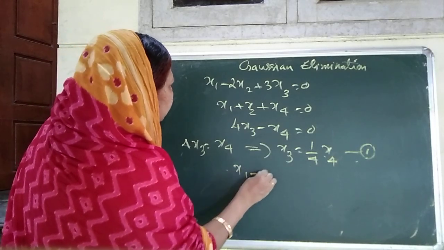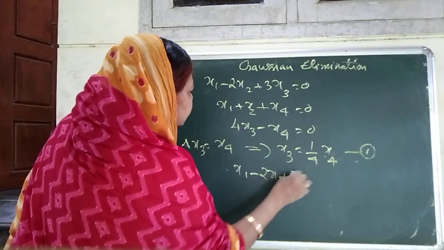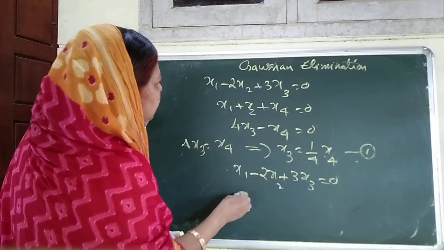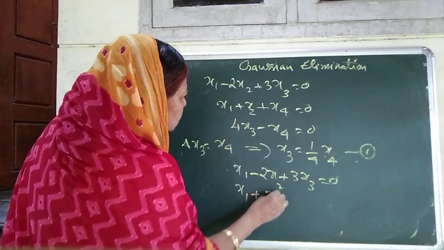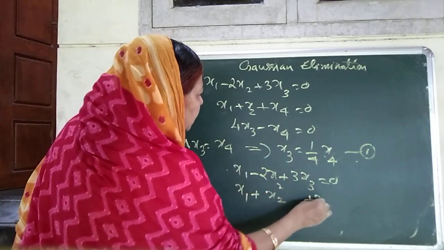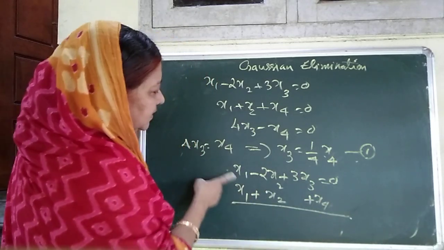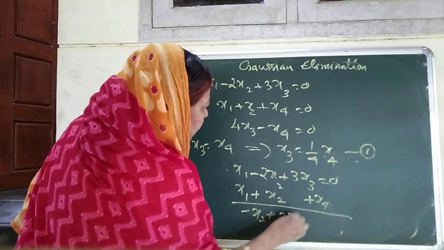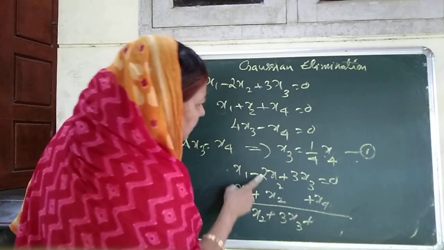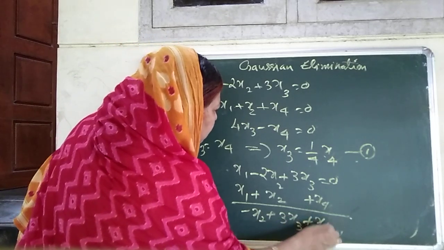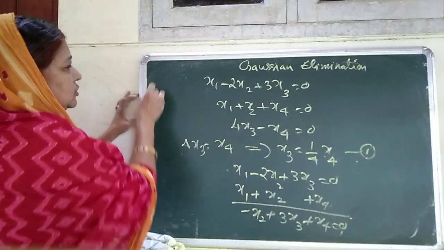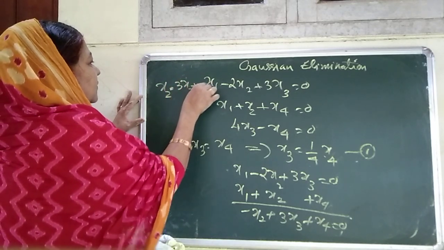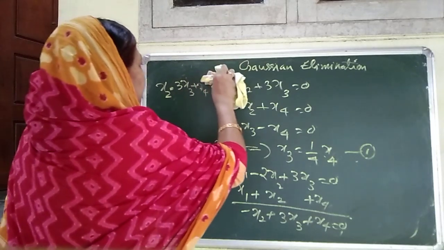That is x1 minus 2x2 plus 3x3 equal to 0, and x1 plus x2 plus x4 equal to 0. So we can subtract. We get minus 3x2 plus 3x3 minus x4 equal to 0. Therefore, x2 equal to x3 plus x4 over 3.